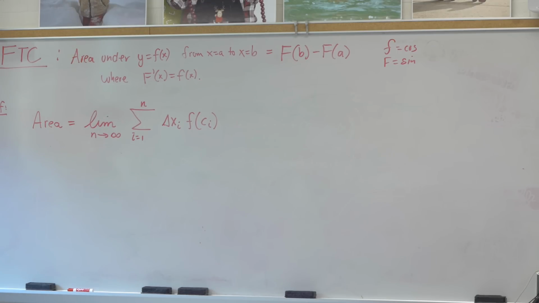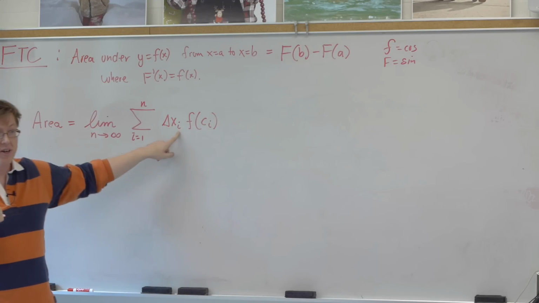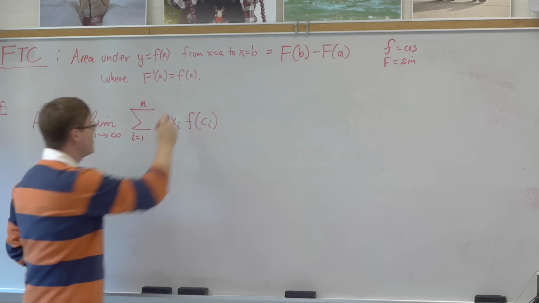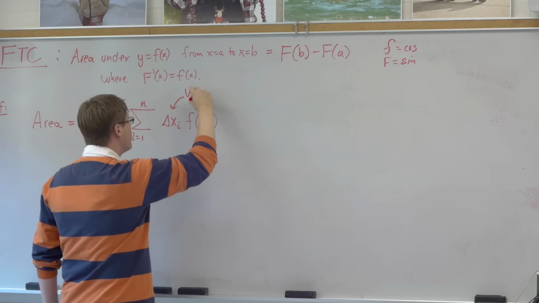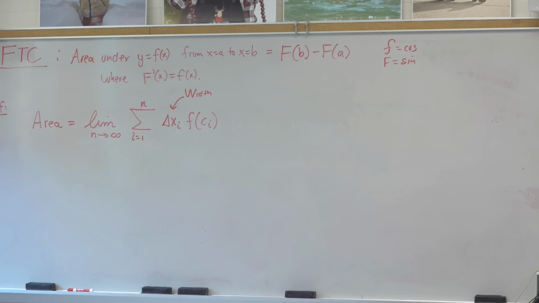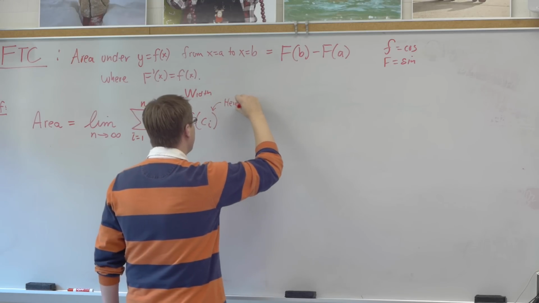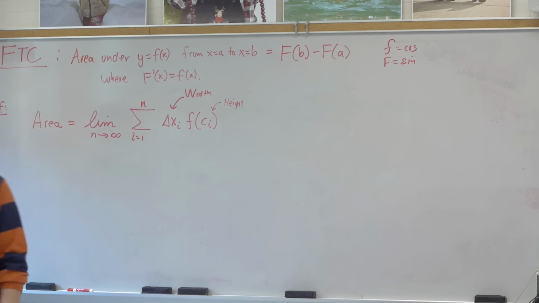Of rectangle number i. Right. So this is a width. What is f of c i in words? The height or the length of which rectangle? Of rectangle number i, right?